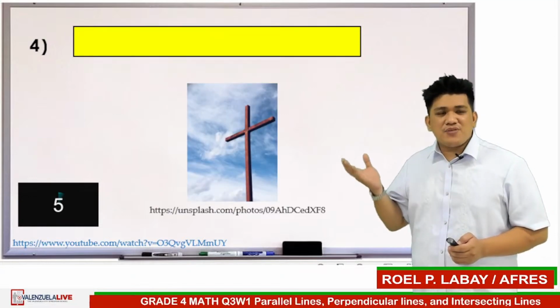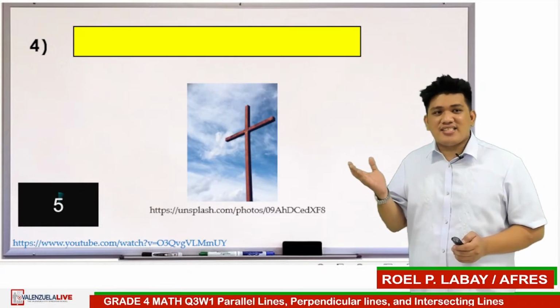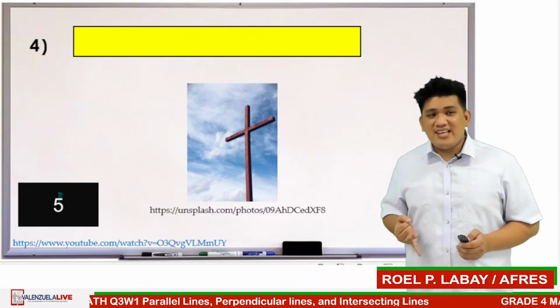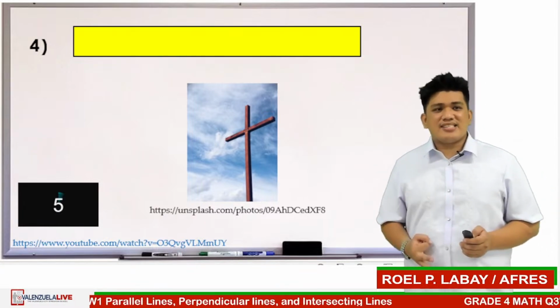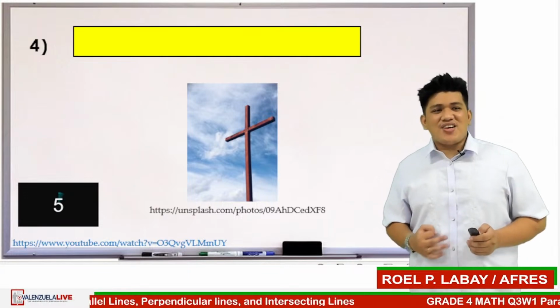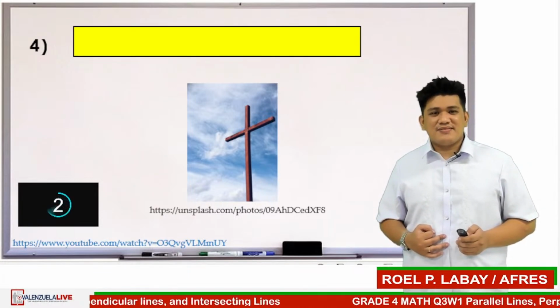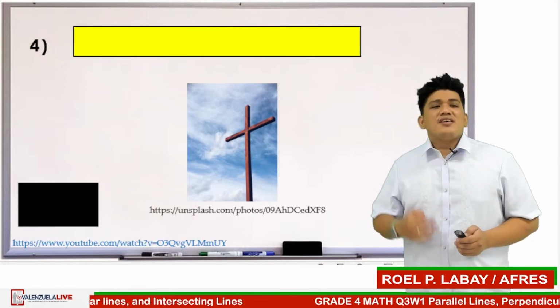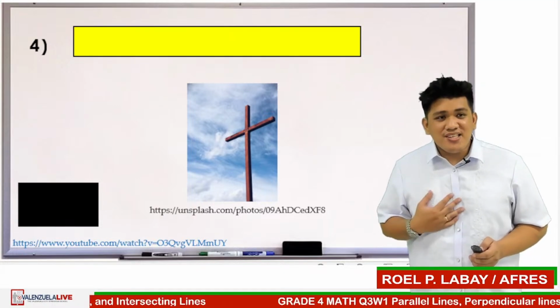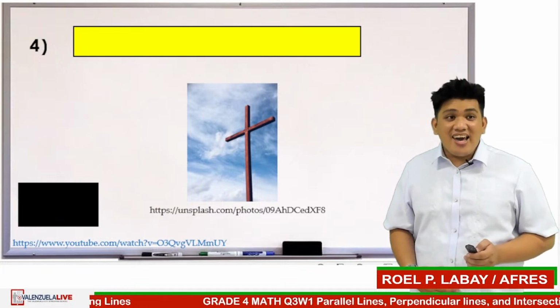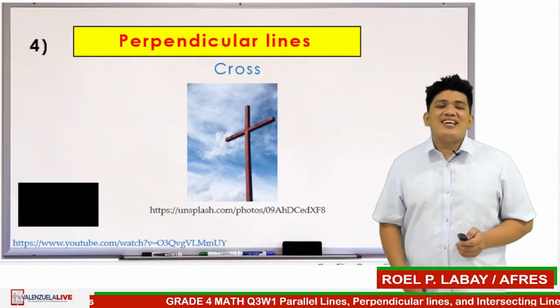How about this figure? This is a cross. Is this parallel lines, intersecting lines, or perpendicular lines? So your 5 seconds starts now. Okay, time's up. What's your answer? Very good. That is perpendicular lines.